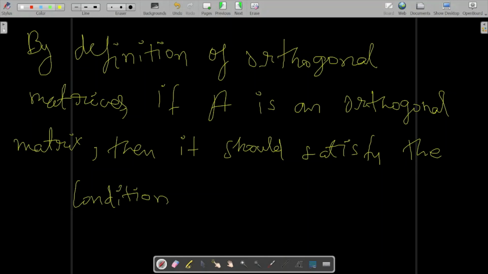Which condition? The condition of this kind, A A transpose is equal to I is equal to A transpose A. This condition it must satisfy.